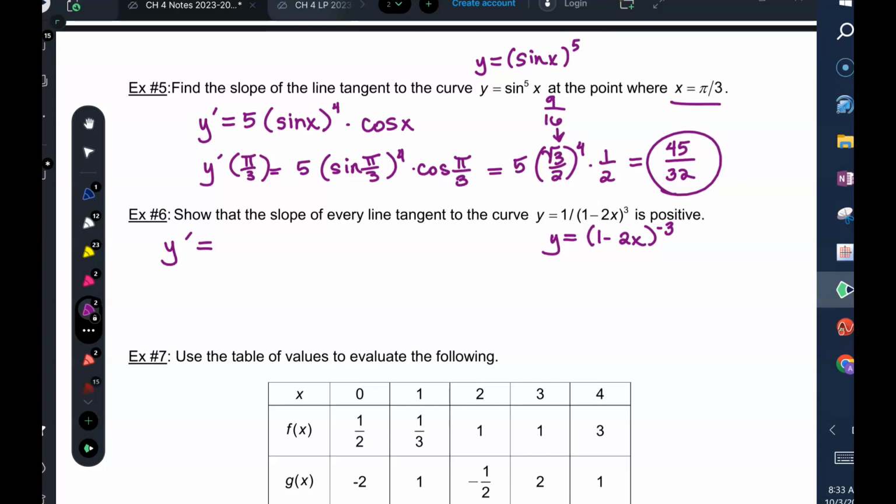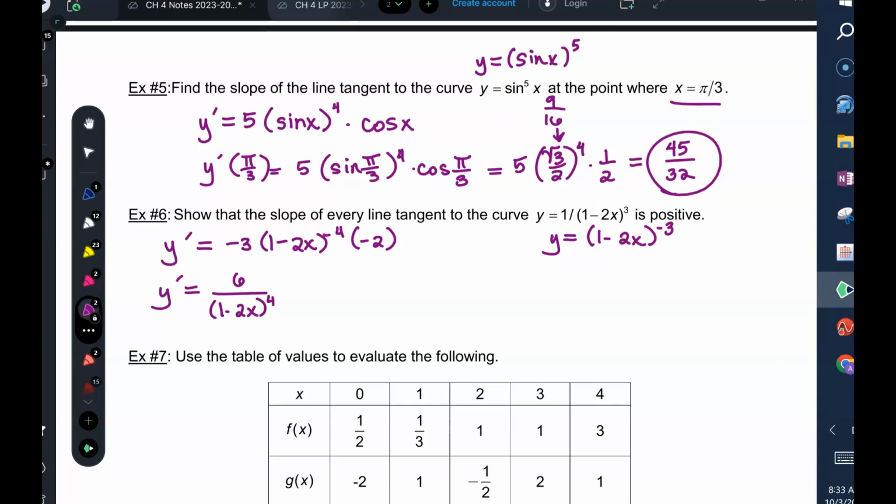So what's that going to look like? Negative 3 times 1 minus 2x to the negative 4 times negative 2. So if we rewrite this, it'll be a positive 6 over 1 minus 2x to the fourth.